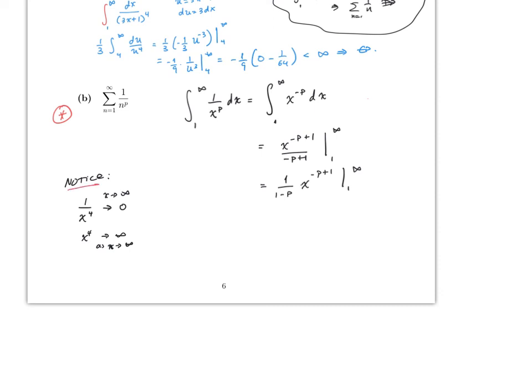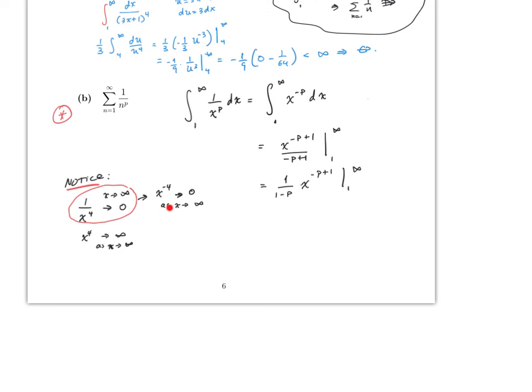So therefore, this is the case that you want. And notice that this one, you could write it also like this, x to the negative 4. So clearly x to the negative 4 goes to 0 as x goes to infinity.